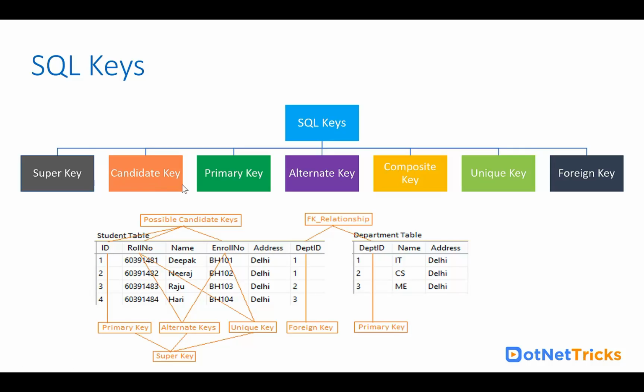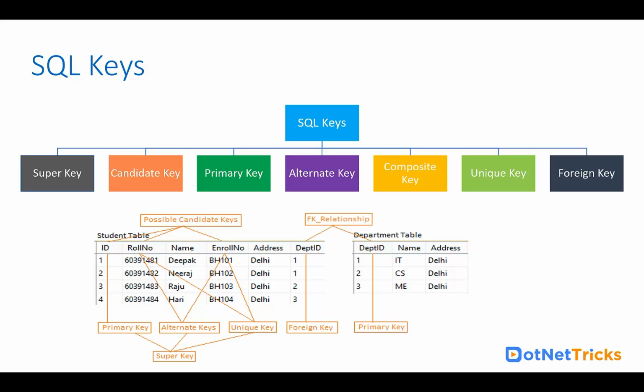Now let's understand the candidate key. A candidate key is a set of one or more fields or columns that can be used to identify a record uniquely. It is just like an election. In the election we have multiple candidates who are going to represent that particular area.